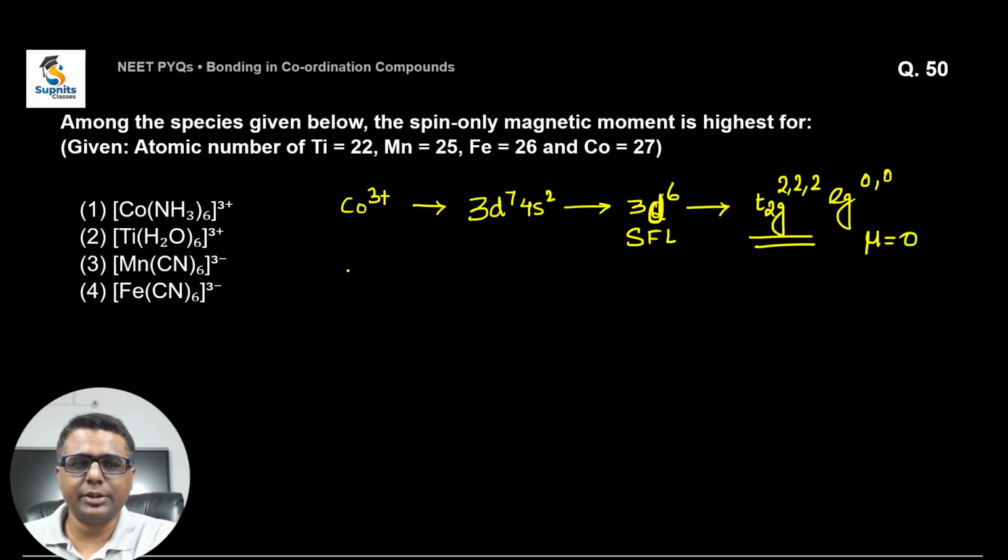Clear? Next question, Ti3 plus, titanium 3 plus. So titanium is nothing but 3d2 4s2. Even if you don't know, it is mentioned here, so you can easily write down the electronic configuration.